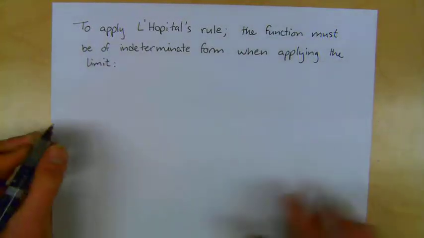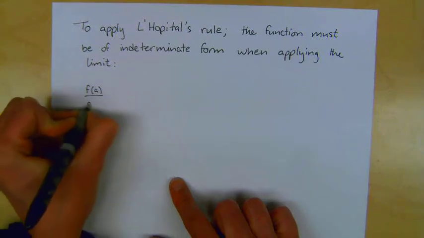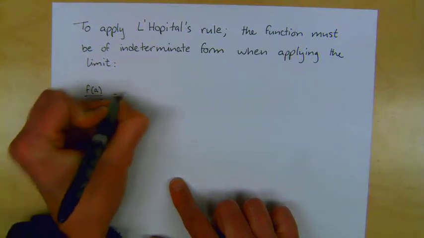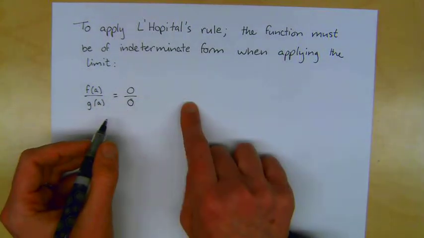So either we have this case 1 where we have f of a divided by g of a is equal to 0 over 0. This is the most common one, and then we can apply L'Hopital's Rule.